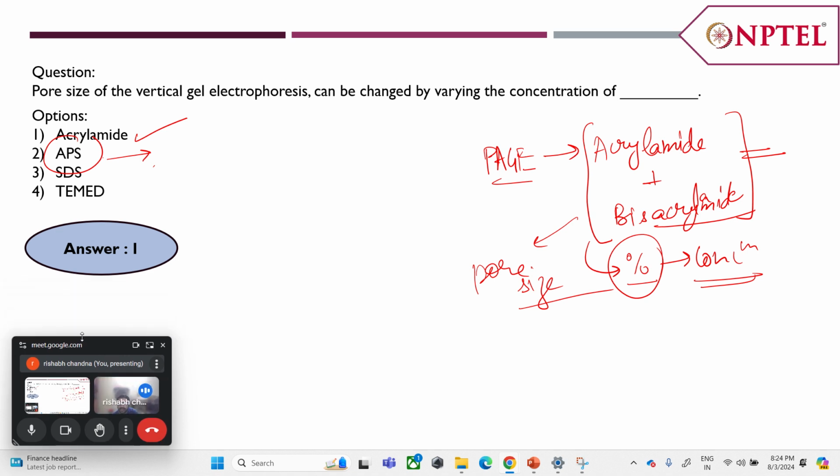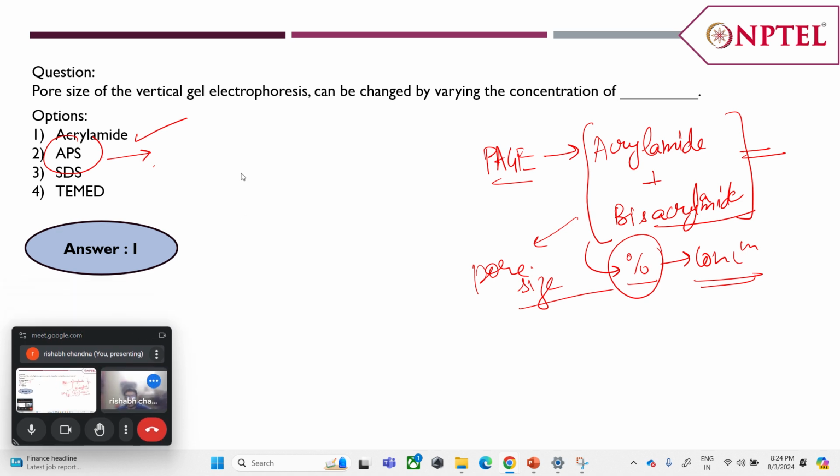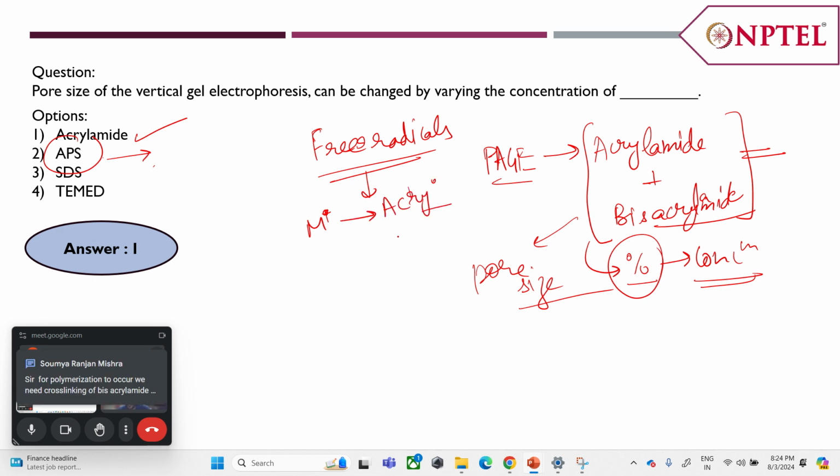But what will happen, because as we saw in the last image also, it only forms free radicals. Whenever there is a free radical, the acrylamide would be active, and it would cross-link with the other acrylamide and bisacrylamide molecules. So it would not affect the pore size.